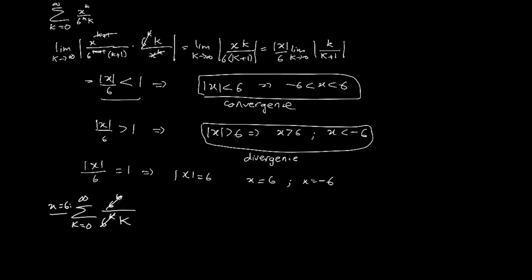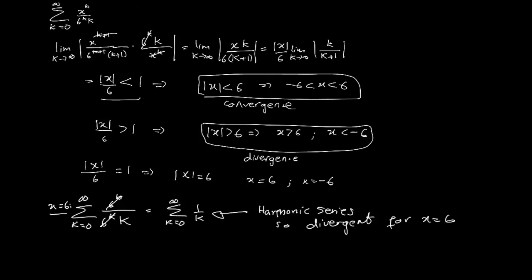This cancels with this, and is equal to the sum from k equals 0 to infinity of 1 over k. Very quickly we notice this is the harmonic series, so divergent. Therefore, for x equals 6, we have divergence.